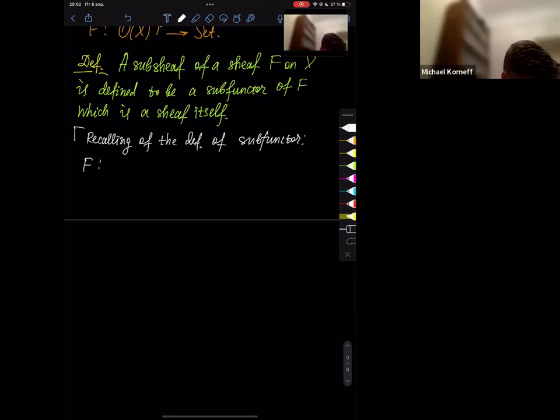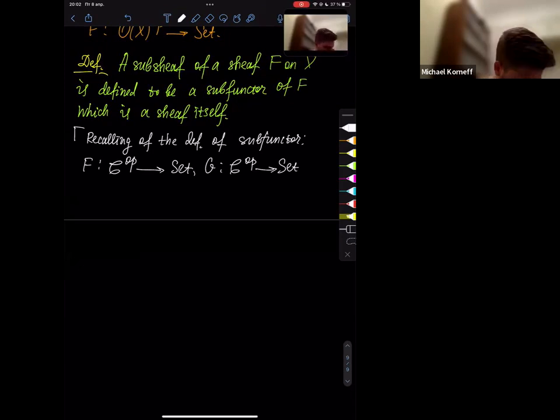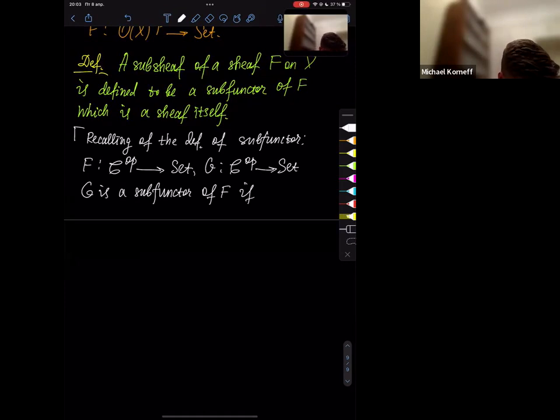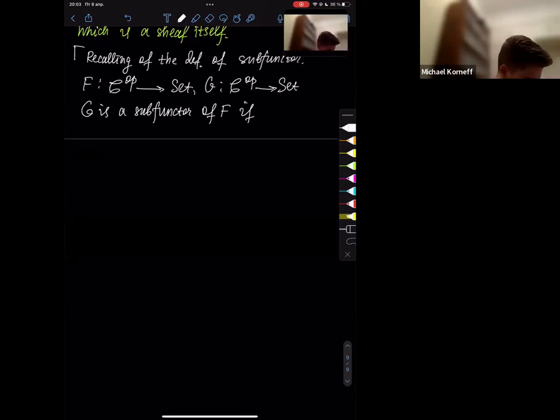Consider two functors, F from the opposite category C to the category of sets, and G. And G is a subfunctor of F if the following conditions are true.